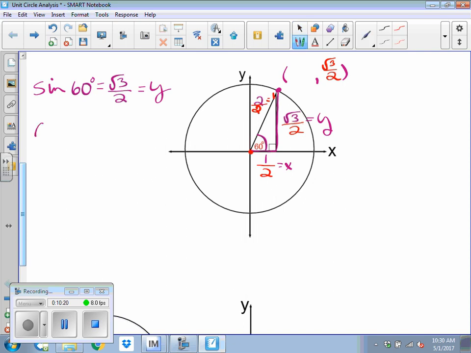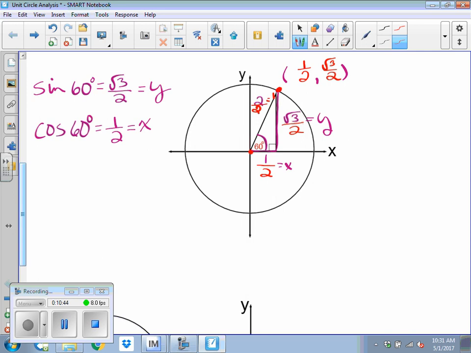Now, cosine of 60 degrees is adjacent over hypotenuse. What value is adjacent to 60 degrees? 1/2. And that's the same thing as what? My x value. So 1/2. So the coordinates of this point here are 1/2 and square root of 3 over 2.